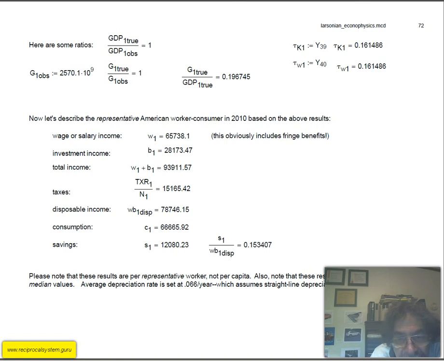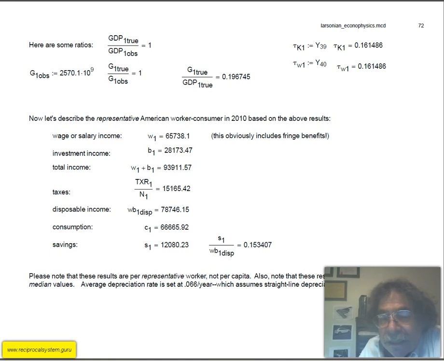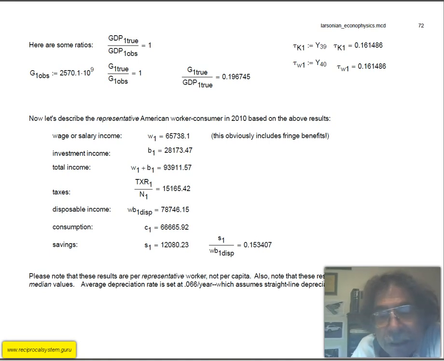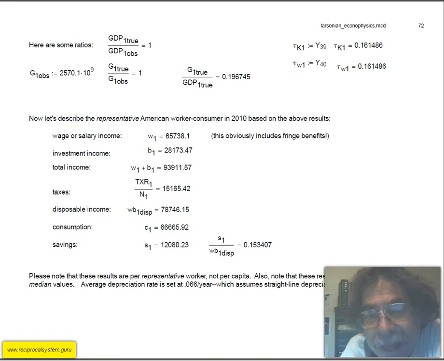Total income 78,746.15. Consumption 66,665.92, and savings 12,080.23. So the savings rate is 15.34%.